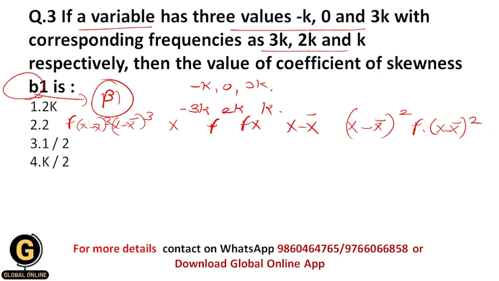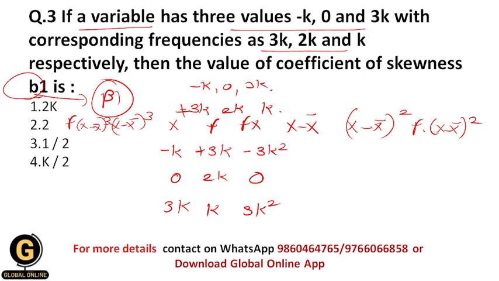So first of all, let us write down the values of x, which is minus k, 0, 3k, and their corresponding frequencies will be 3k, 2k and k. And now do the multiplication of f with x, so it will become, sorry, this is actually 3k, right? Yeah, this is 3k, so it will become minus 3k square, 0, and 3k square.